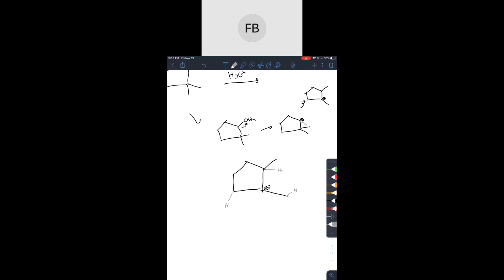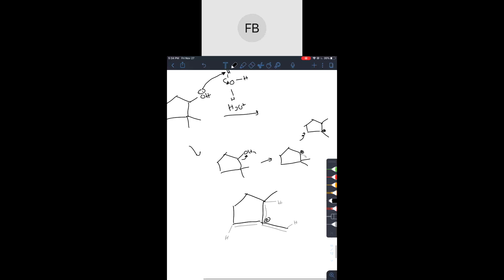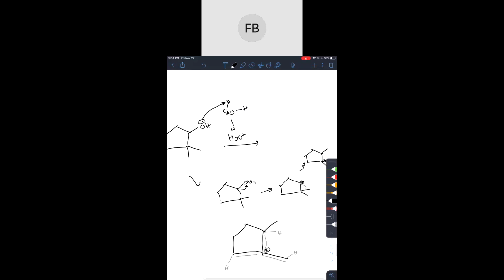So there's 3 options. There's 3 beta hydrogens, 3 possible eliminations. We could form a double bond going this way, or this way. If you do them all out, you'll see that one of them is much more advantageous because it follows Zaitsev's rule. So it's going to be this. The double bond's going to form here, where it has 4 substituents, because that's the most favorable.